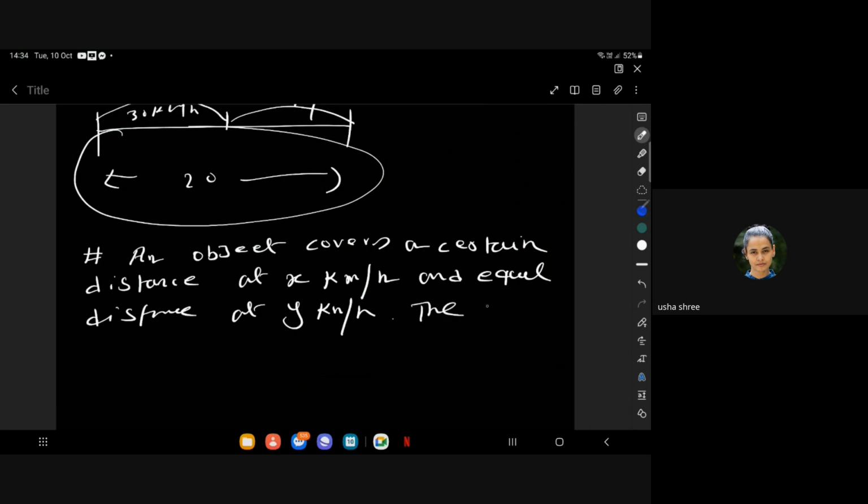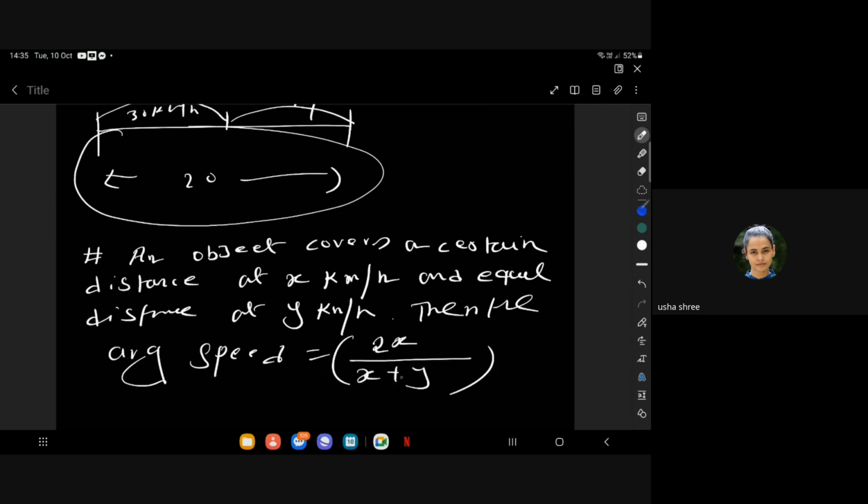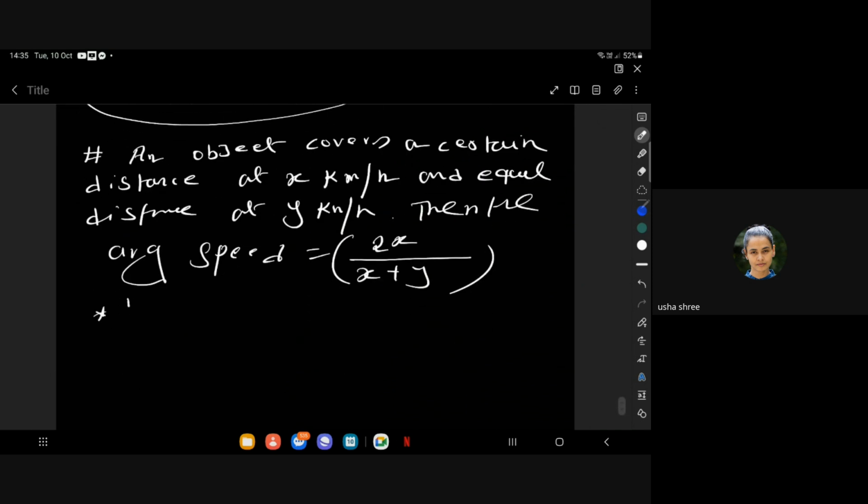Then the average speed during the journey is equal to 2xy by x plus y kilometer per hour. Whether it is meter per second or miles per hour, the answer will be in the same unit, kilometer per hour.